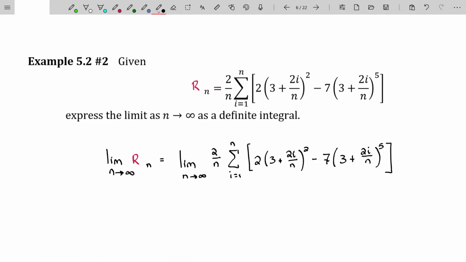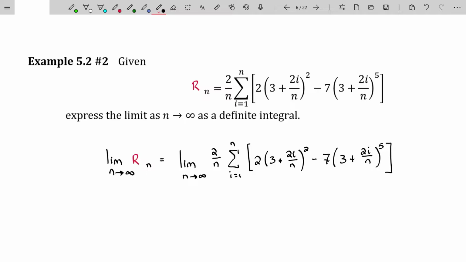So given that R sub n is equal to that summation, we want to take the limit as n goes to infinity of R sub n, which is the limit as n goes to infinity of, well, that stuff they've handed us. Now this is going to take a little bit of detective work on your end.